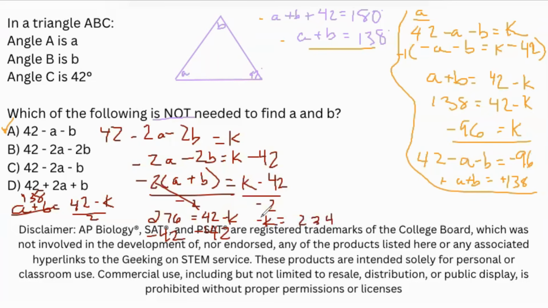I want to shift from negative to positive, so I'm going to multiply both sides by negative 1, so it's going to be negative 234. So in conclusion, K equals negative 234.